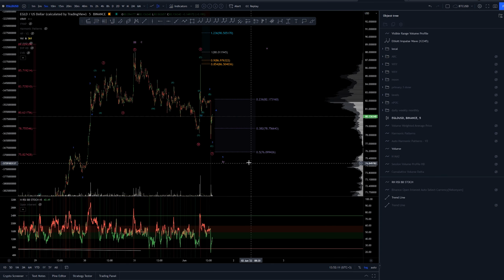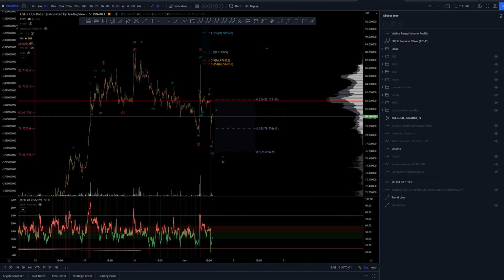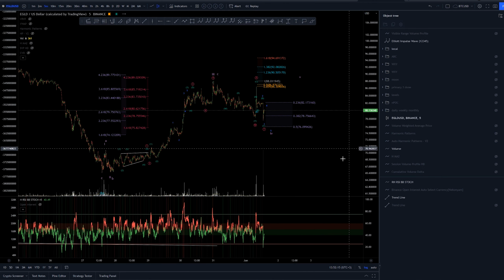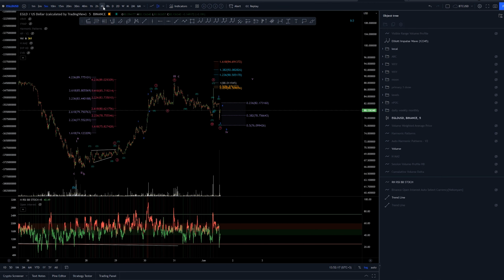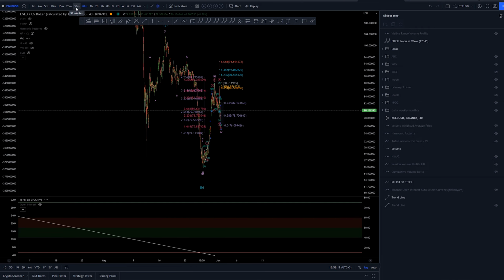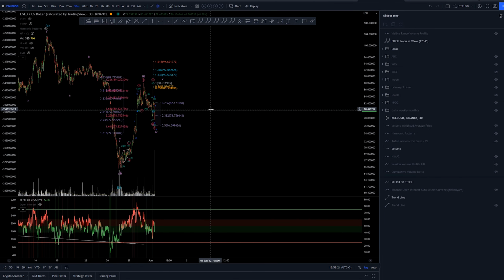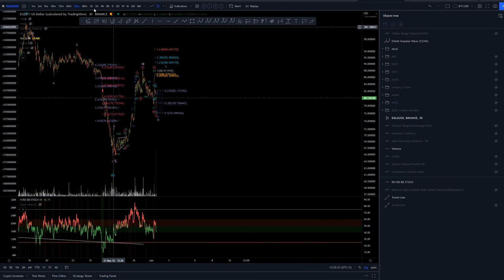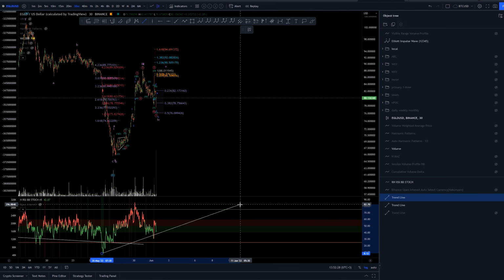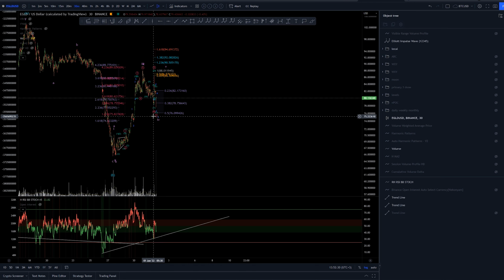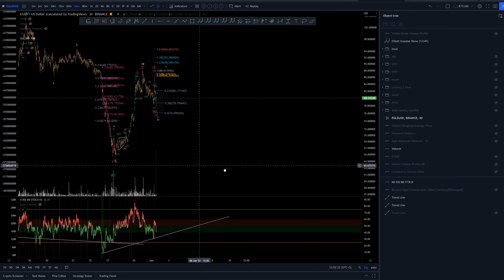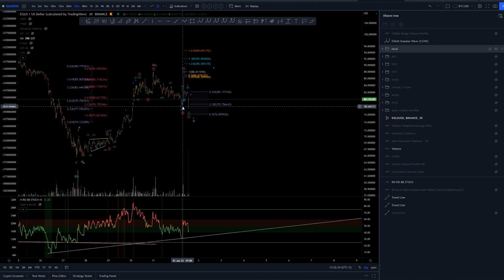But yeah, after that I'm expecting the 5 waves upwards, and at that point we would be completing something again. Let's see if we have some kind of structure here. On 30 minutes we do have this trend line that we can use now after we created this pretty good low here.